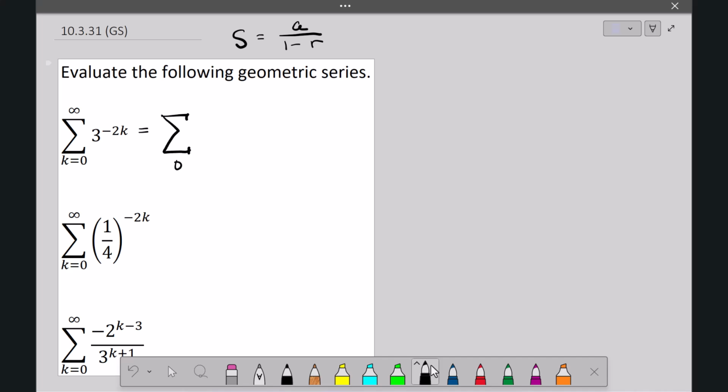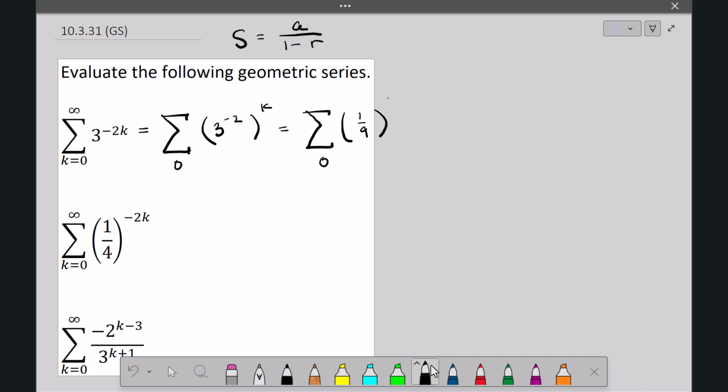So this series starts at 0. I'm going to rewrite this summand as 3 to the negative 2 to the k, which can then be rewritten as 1/9 to the k.